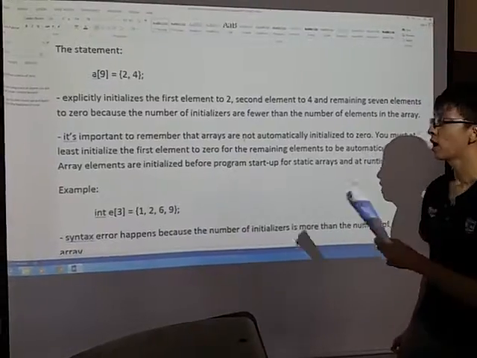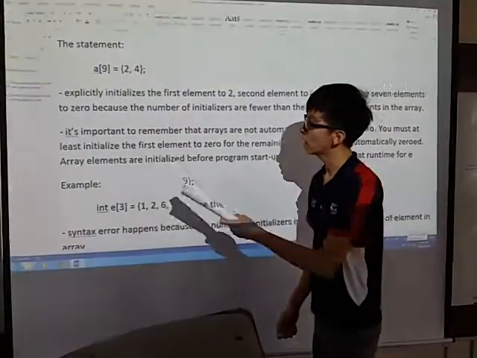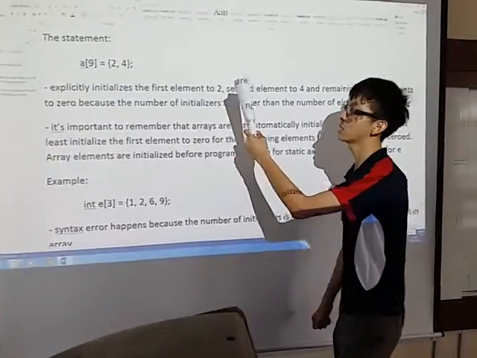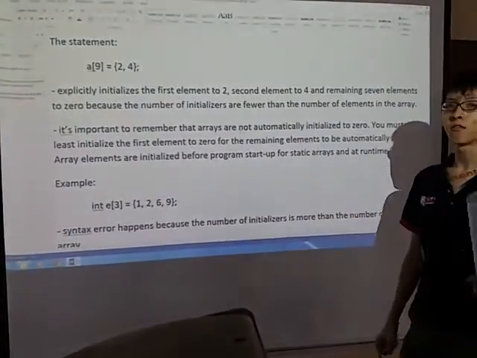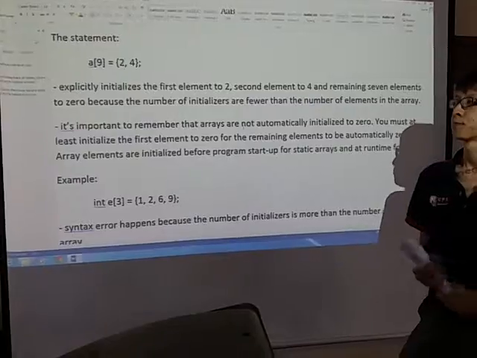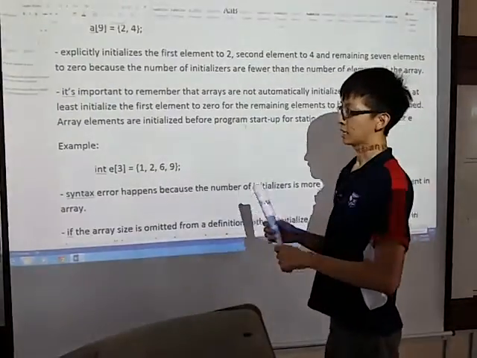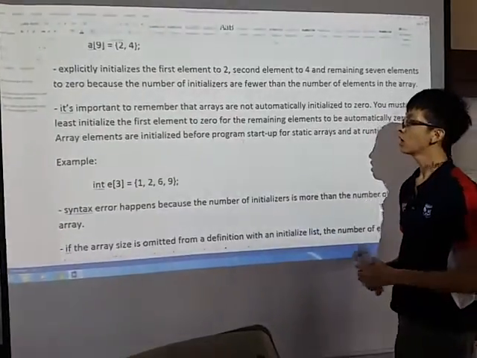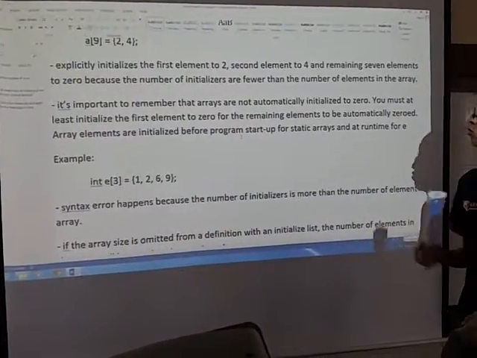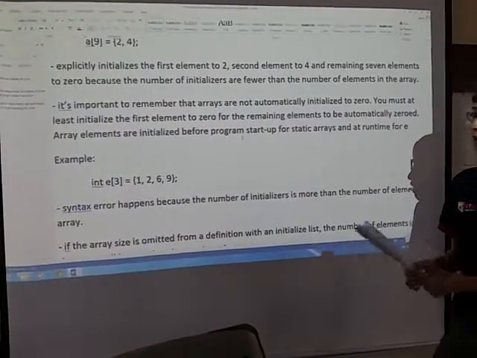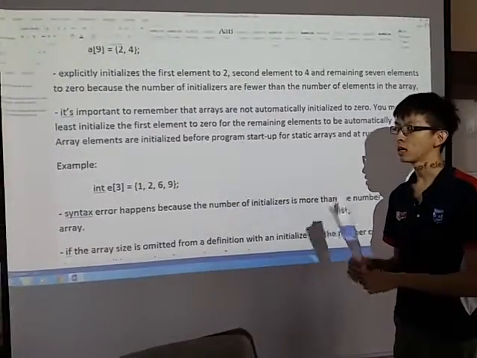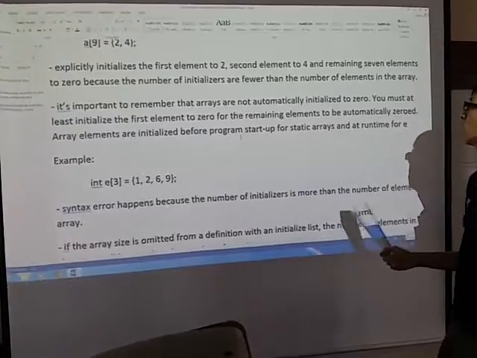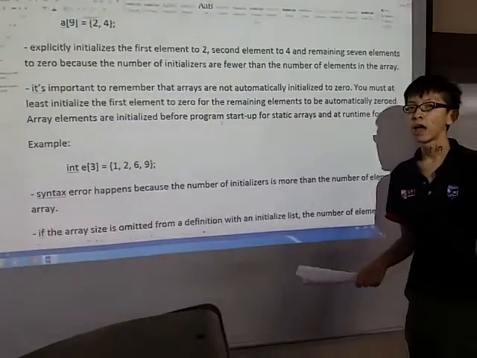The remaining 7 elements are actually initialized to 0 because the number of initializers is fewer than the number of elements in the array. So it's always very important to remember that arrays are not automatically initialized to 0. You must at least initialize the first element to 0 for the remaining elements to be automatically 0.